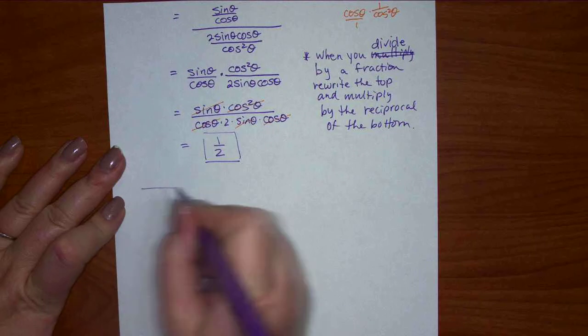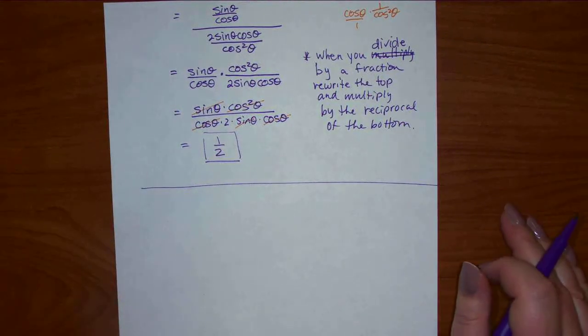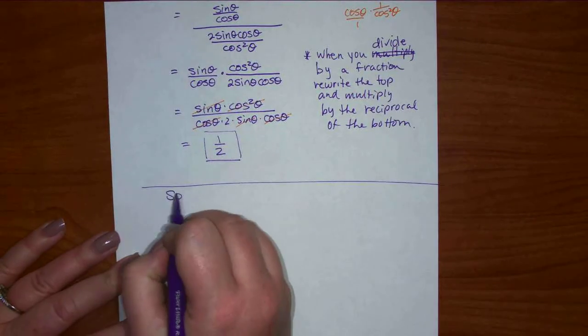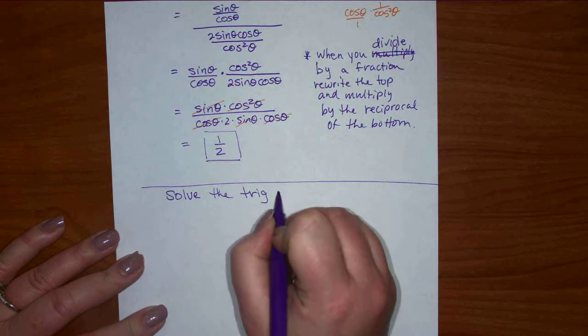All right, so then there's the second type of question on identities. Actually, this isn't really much on identities, but let's say solve the trig equation.